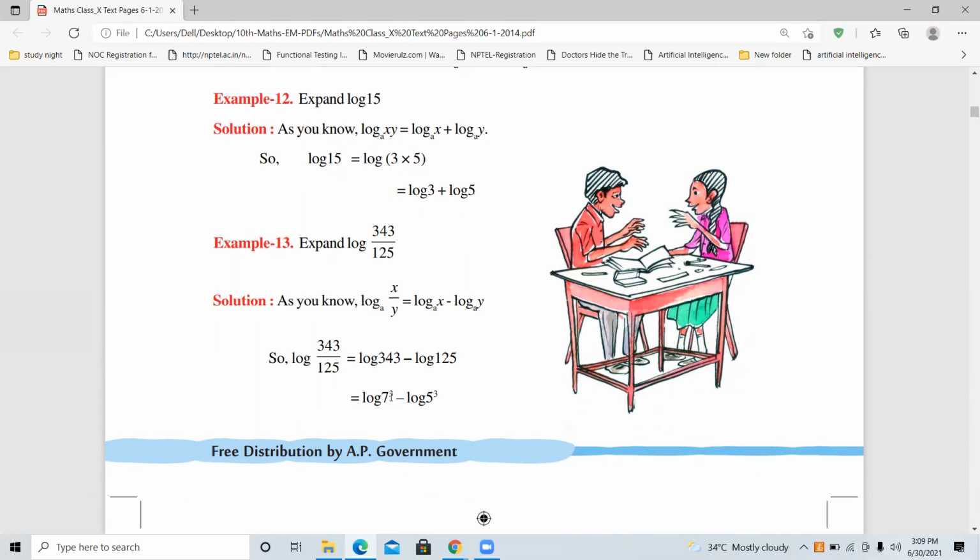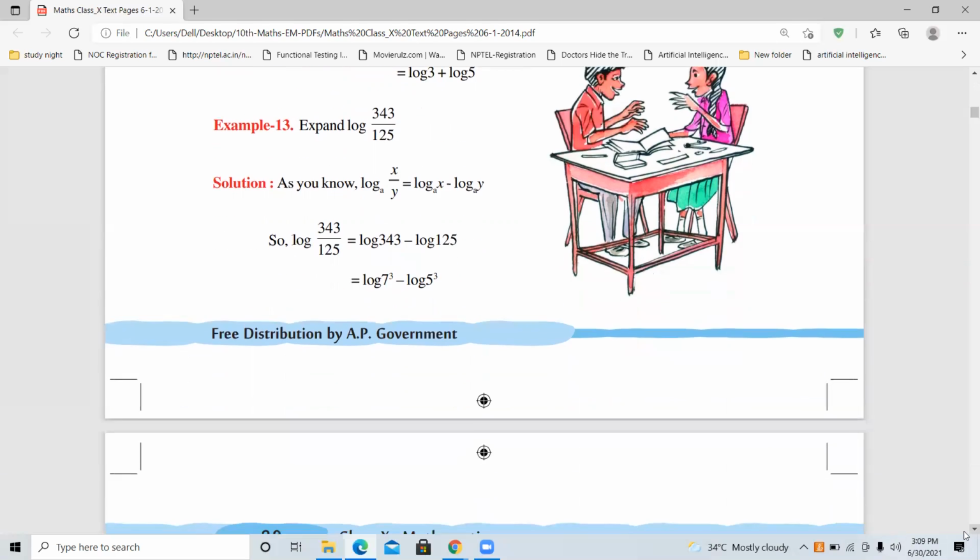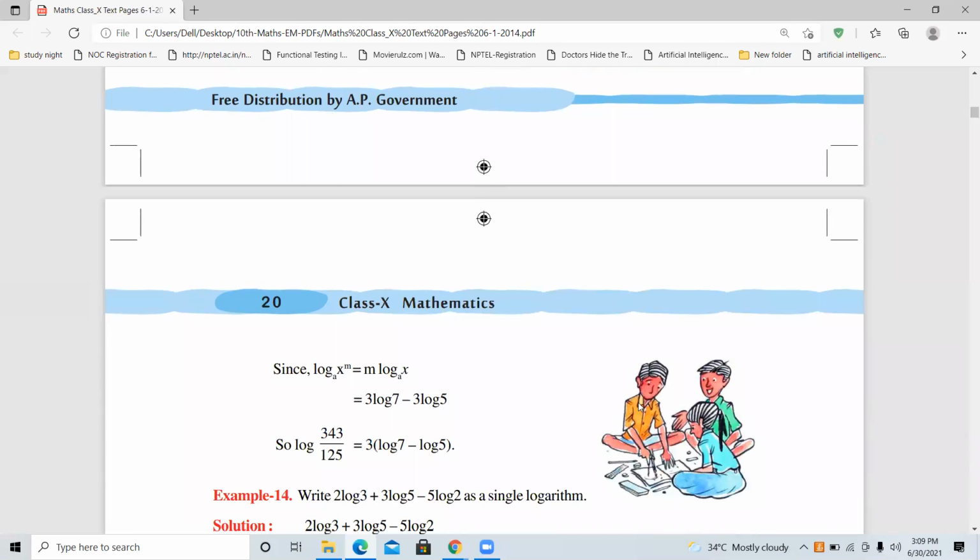And if we write the power form of 343, then it will become log of 7 cube minus log of 5 cube. And according to the third law of logarithm, it will become 3 log 7 minus 3 log 5. And if we take the 3 as common, it will become 3 into log 7 minus log 5.